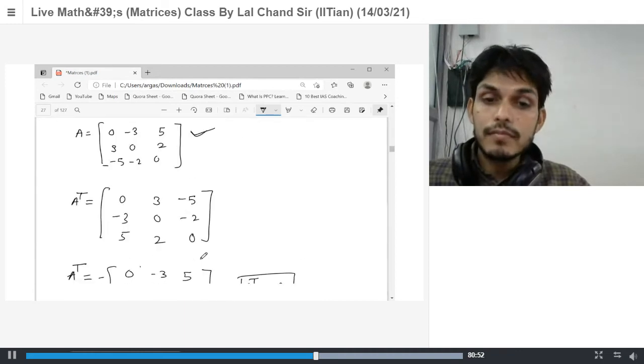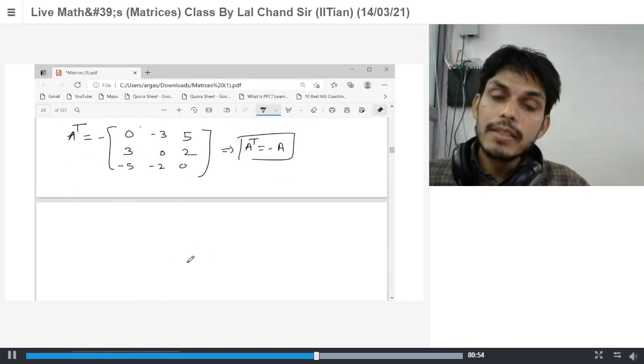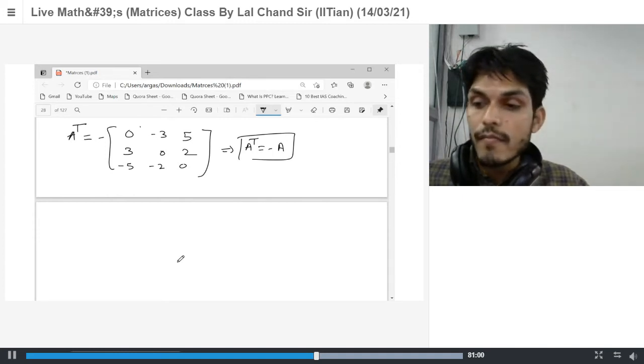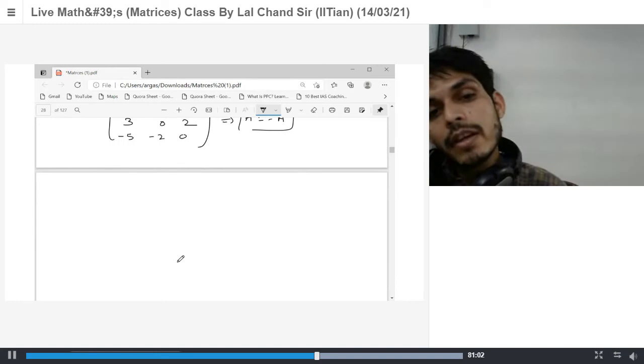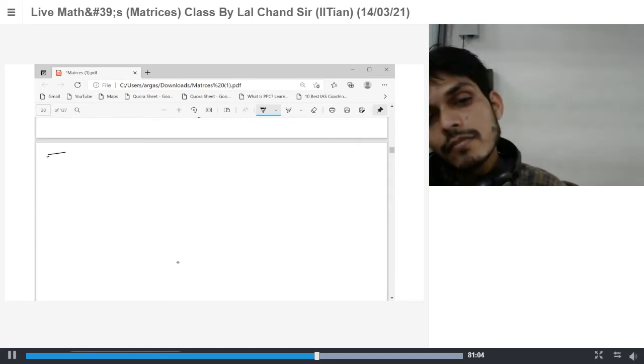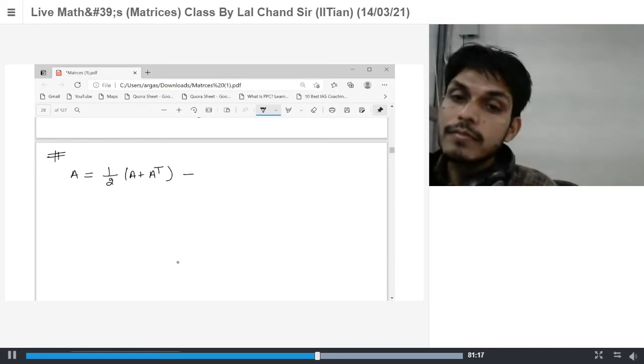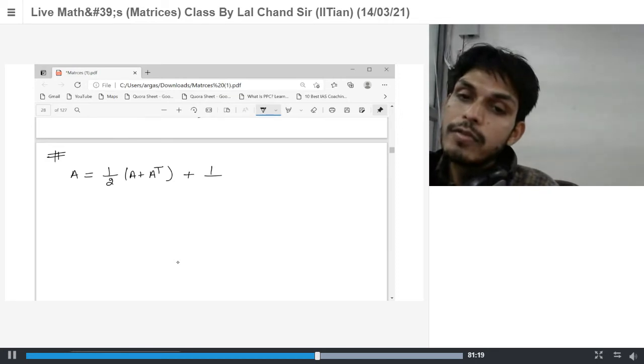Alright. We can express a matrix as the sum of a symmetric and a skew symmetric matrix. If I have a matrix A, I can express it as half of A plus A transpose, plus half of A minus A transpose.